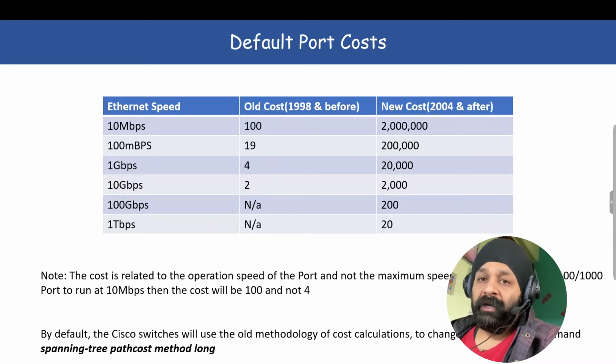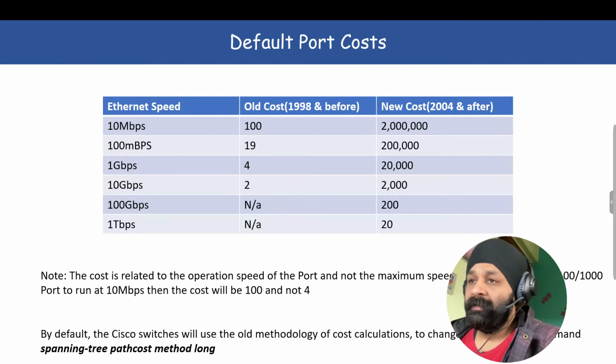What we need to understand is that each port by default has a certain cost. There are two methods with which the cost is calculated. The old method is good only up to 10 gigabit ports, but now with the advent of the 100 gigabit and the 1 terabit port, the old cost method does not appear to be good.